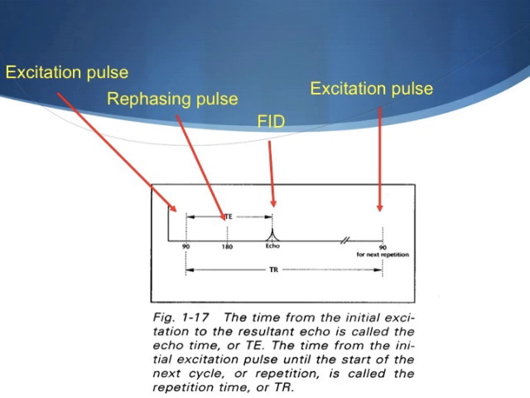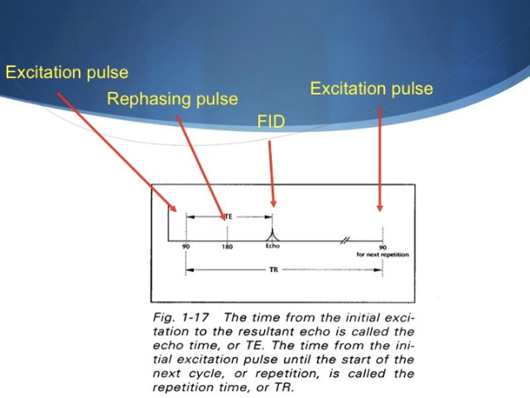Free induction decay is occurring, which means that as the proton is coming back to the z-axis, back to the longitudinal axis, back to the main magnetic field axis, the protons are emitting signal out, so we get an echo.